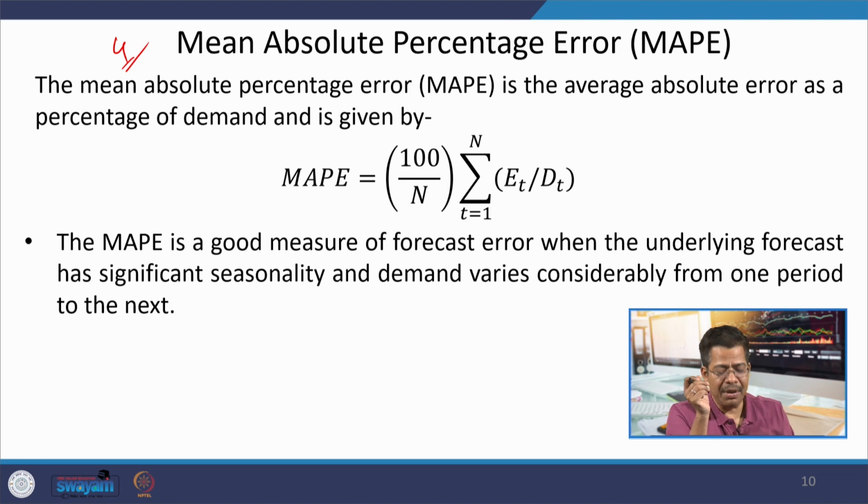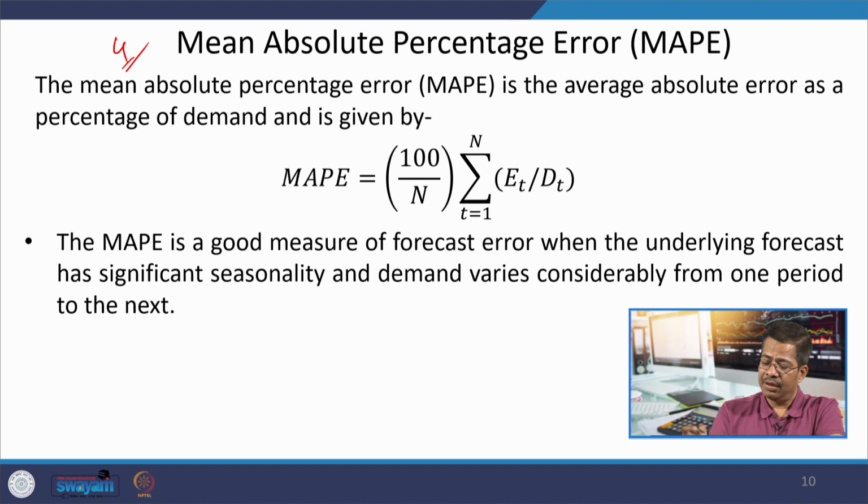So, MAPE is basically the calculation of the average of the percentage error as a percentage of demand data, and here again this ET is taken in the absolute manner.